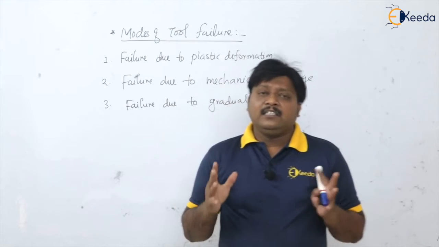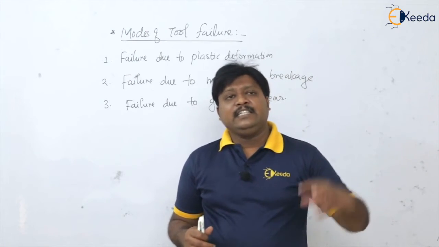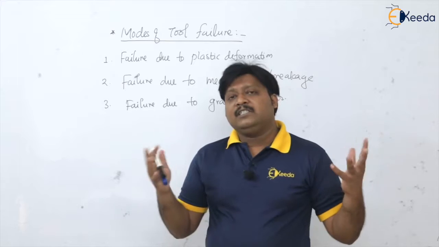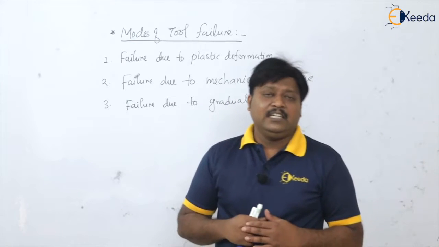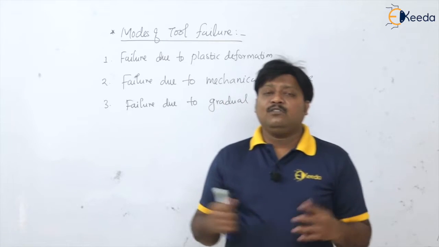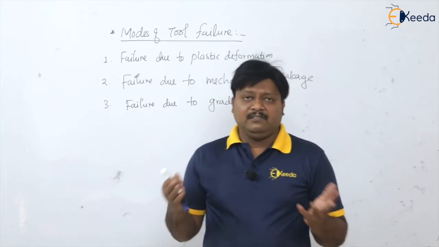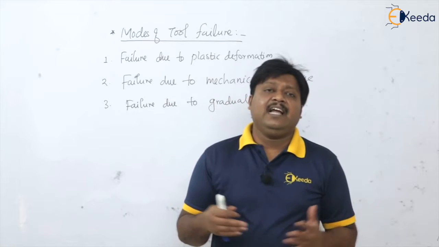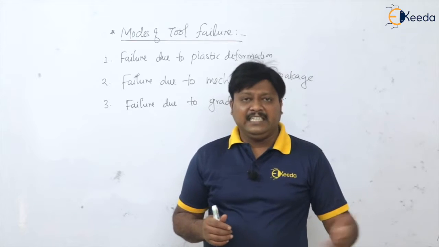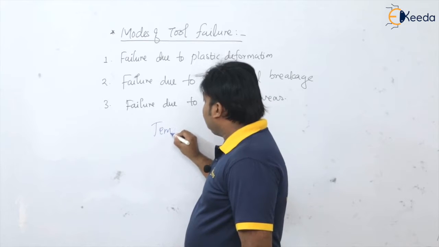When the induced temperature in the metal cutting zone goes beyond the hot hardness temperature of the tool material, definitely the tool will lose its very important mechanical properties, that is the strength and hardness, and the tip of the tool will deform plastically.